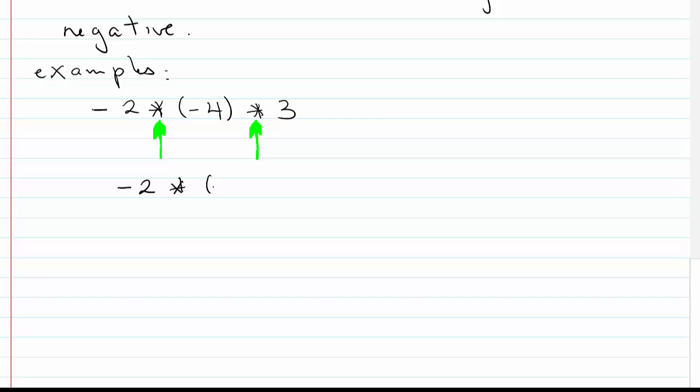Examples. -2 times -4 times 3. Note that the problem only contains multiplication, so I will work the first two, -2 times -4.